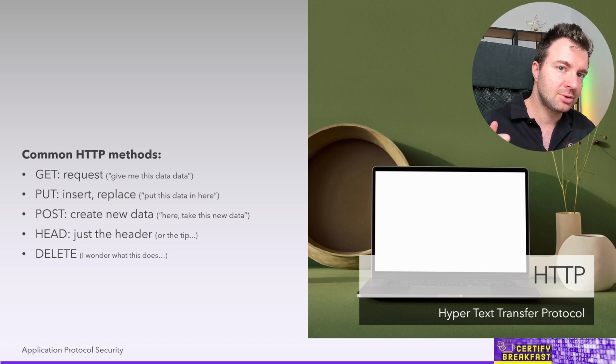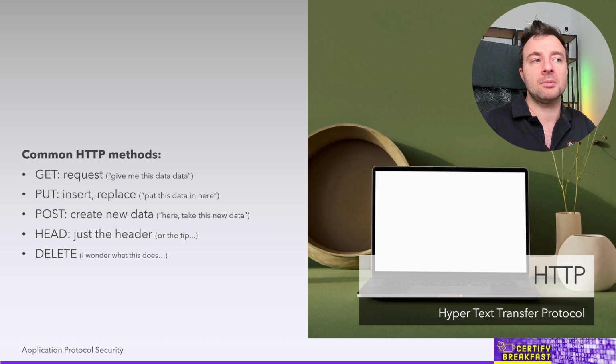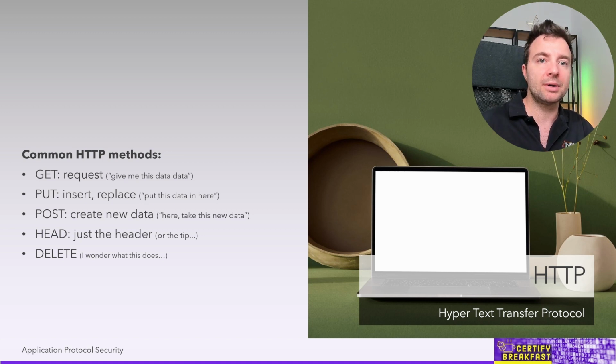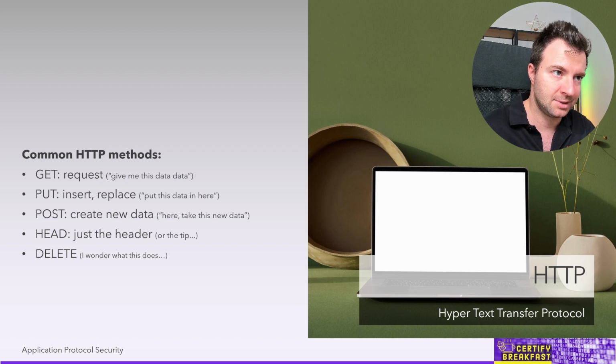Now, some of the most common operations here, probably the most common one is the GET operation. That is a simple request for a resource. Whenever you're typing a web address and you're pressing enter in your browser, that request in the background is actually being sent as a GET request because you are requesting the contents available at that web address, right?